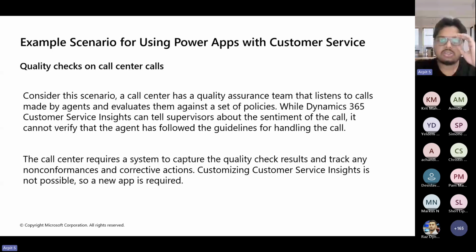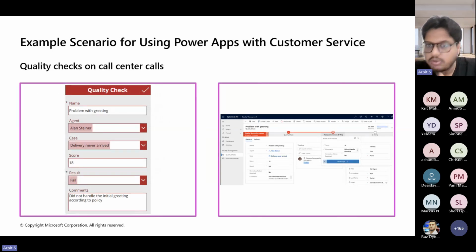For that kind of thing, you can create a Canvas app, and you can embed this particular app in your model-driven app as well, or in your Dynamics 365 Customer Service app. So you can see on the left side, I have created a quality check app, where as a quality service manager, I can create quality check observations like problem with the greeting, who the agent is, which case I'm talking about, what the score is, and the result is failed, something like this.